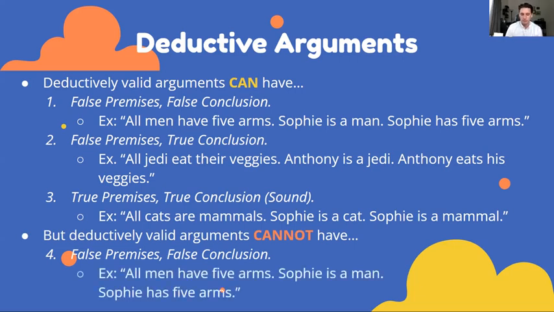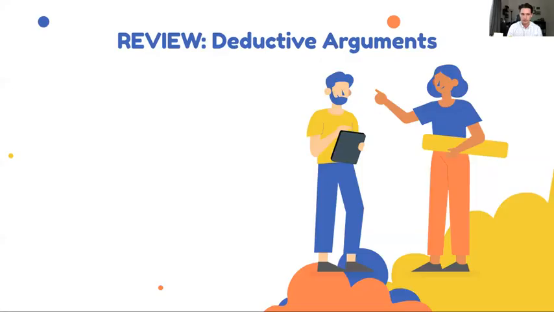So, yeah, this example actually needs to be changed, but it can never take you from true premises to a false conclusion. So this one actually isn't an example of this because a valid argument can have false premises and a false conclusion, but it can't lead you from true premises to a false conclusion. So I'll make a correction for that, and we can talk about it in class. So it can never lead you from true premises to a false conclusion.